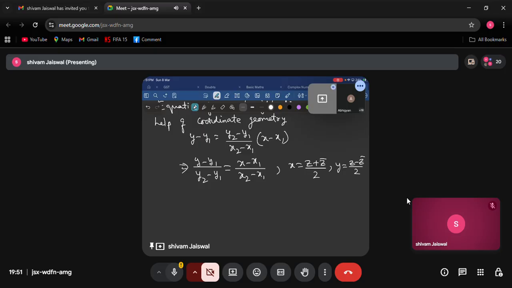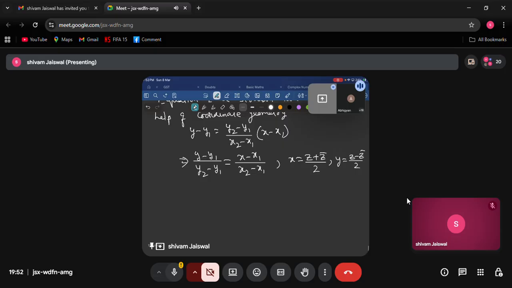Okay. Similarly, x1 is equal to (z1 plus z1 bar) by 2. x2 will be (z2 plus z2 bar) by 2. y1 will be (z1 minus z1 bar) by 2i. And y2 will be (z2 minus z2 bar) by 2i. Okay, you people can understand? Right?